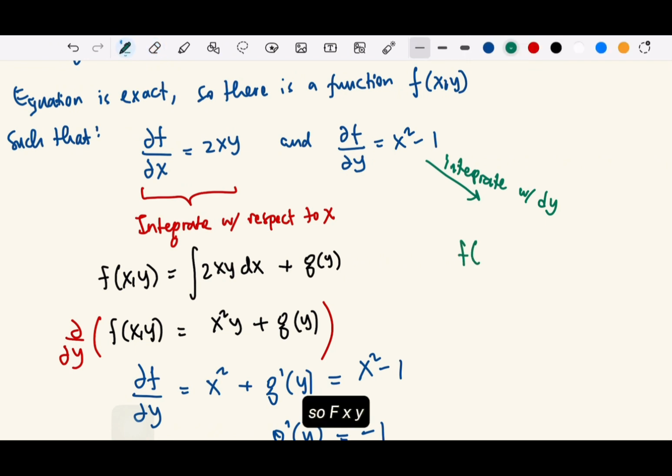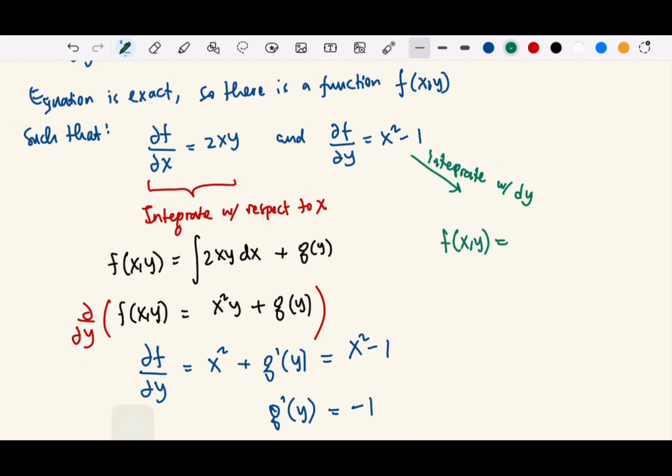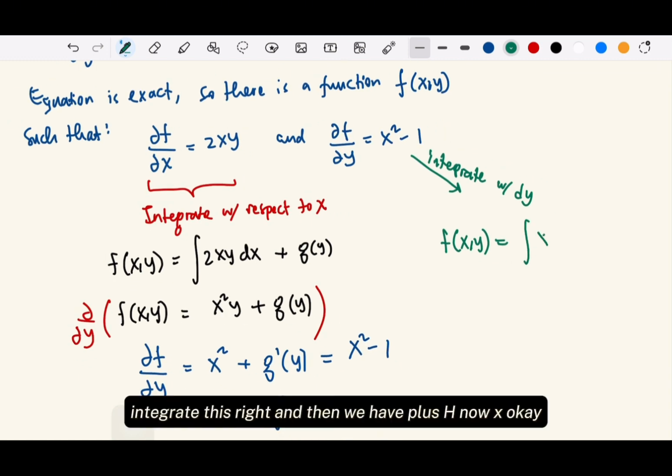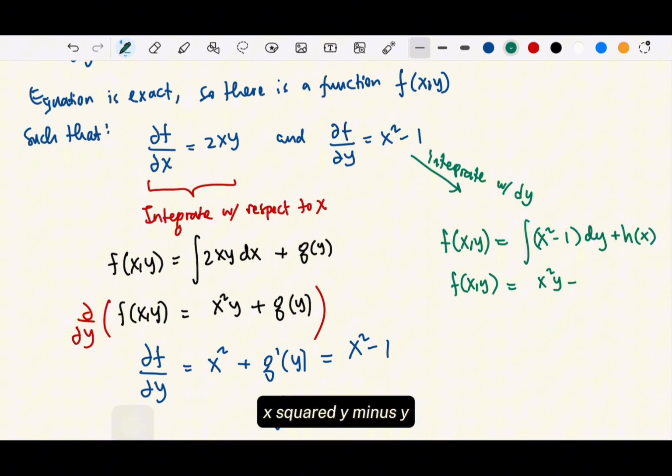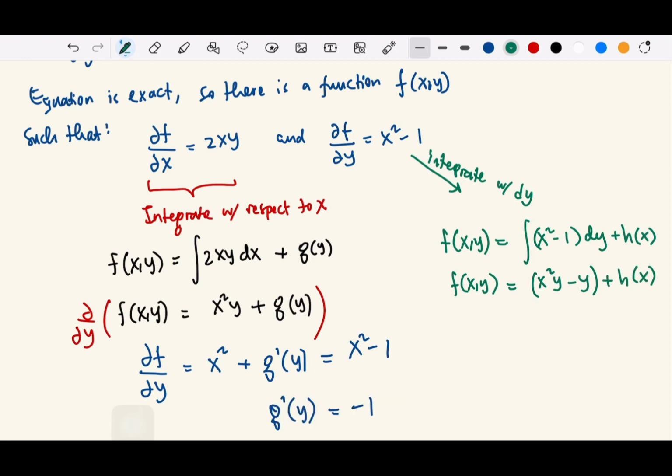So f(x,y) equals, integrate this, right? And then we have plus h(x), okay? And then this becomes x squared y minus y, and then plus h(x), right?